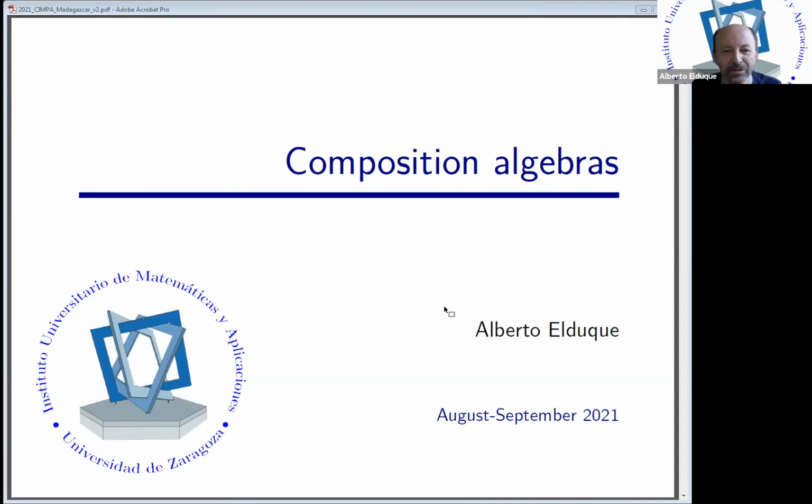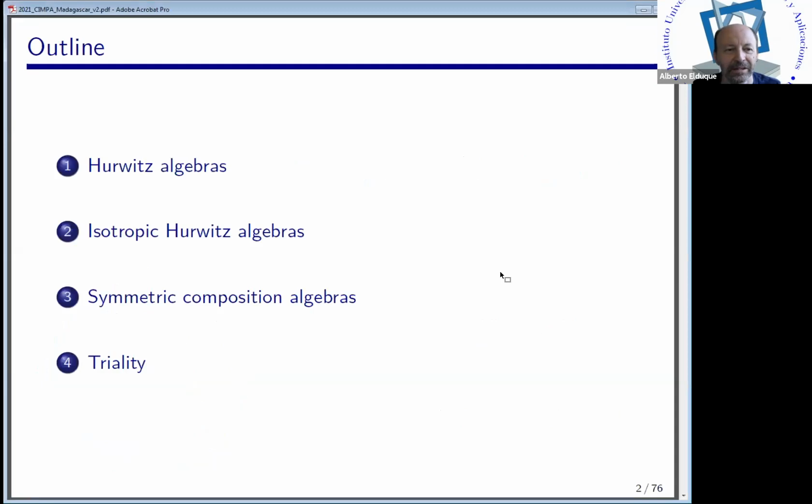Remember what we have been doing so far. The first day we considered the classical real division algebras of real, complex numbers, Hamilton quaternions and octonions. And then we started to study those algebras that generalize all these algebras, the unital composition algebras.